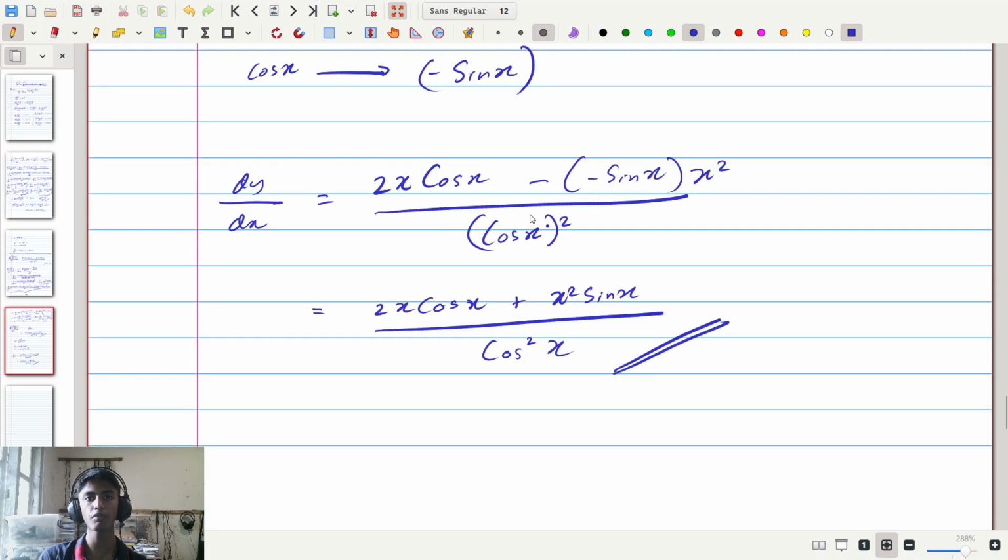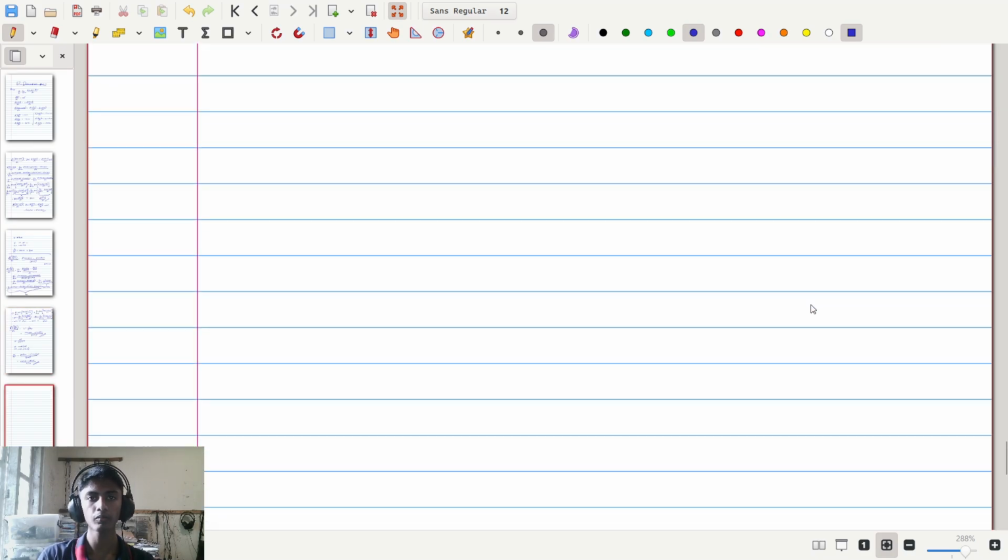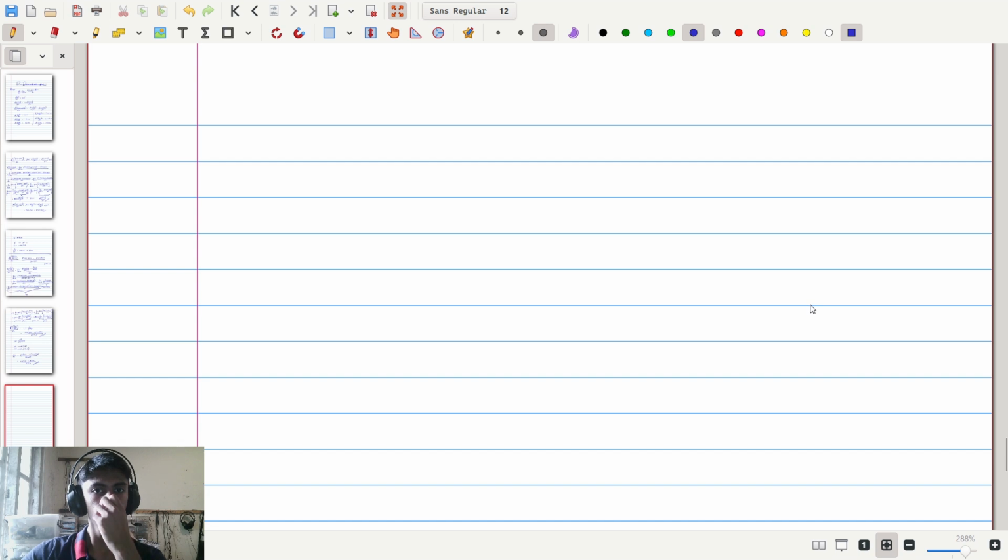Now let's move on to the final rule. The final rule in derivatives is something called the chain rule, and it goes as follows. Let's say you have y, x and some other intermediate variable, let's say u. Let's say that y is some function of u, meaning you have some function that when you input u, you output y.